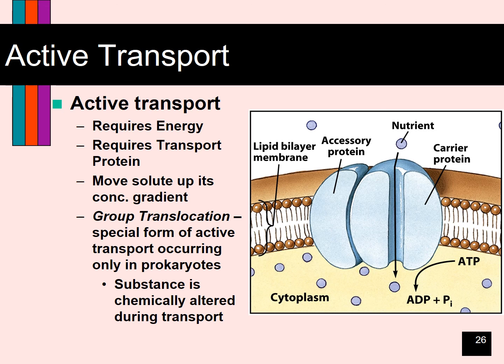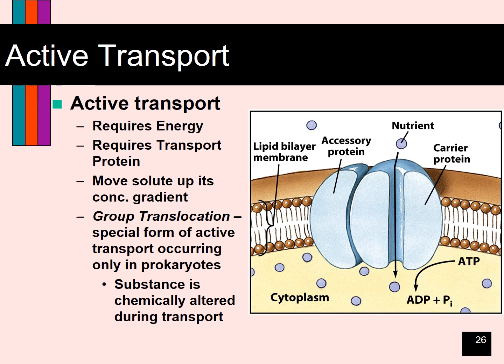So group translocation is a special form of active transport that only occurs in prokaryotes. And what happens is that as the substance is brought into the cell, it is chemically altered so that it won't leave the cell.